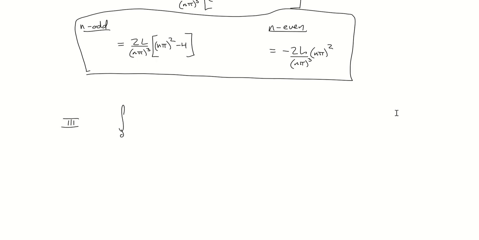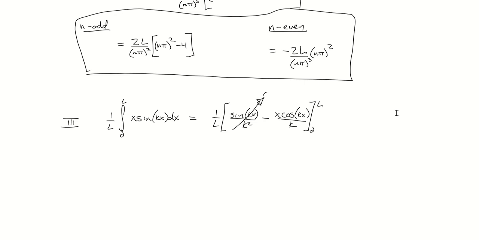Integrating from 0 to L, 1 over L, x sine kx dx, which ends up being 1 over L times sine kx over k squared minus x cosine kx over k, evaluated from 0 to L. The sine term at both limits is 0, so we quite quickly just get 1 over L times negative L times that cosine, which is negative 1 to the n over n pi, over L. And then the 0 limit just makes that 0.